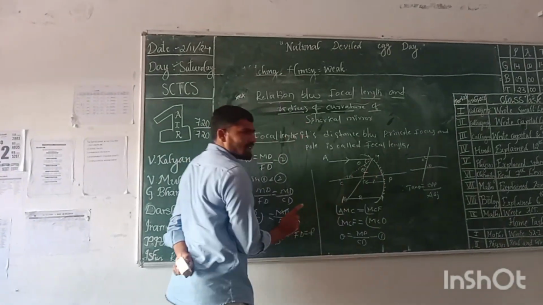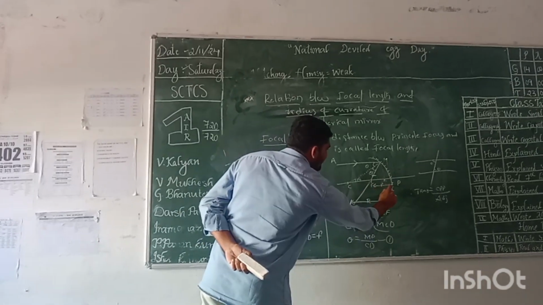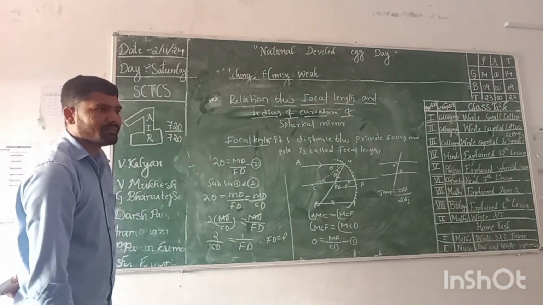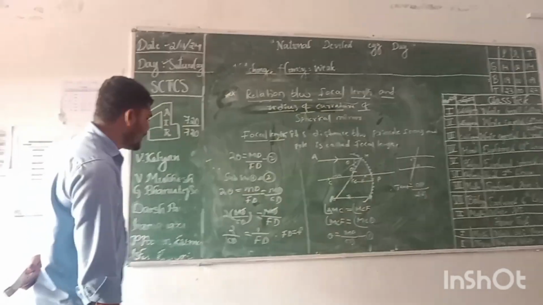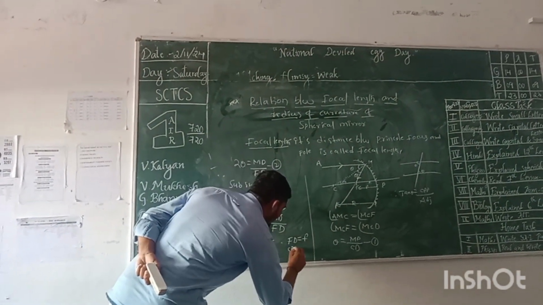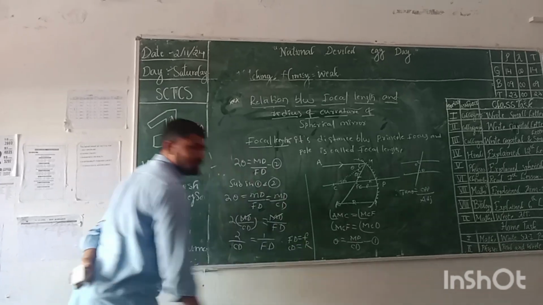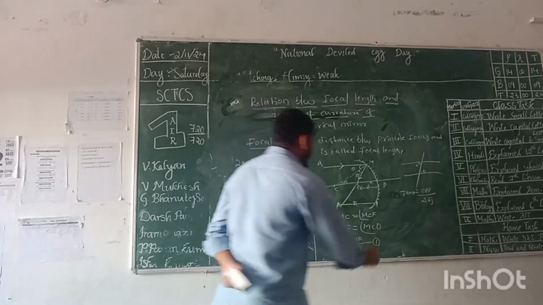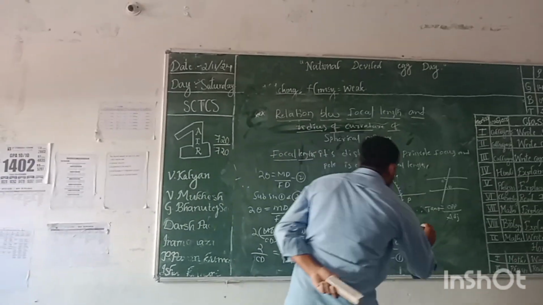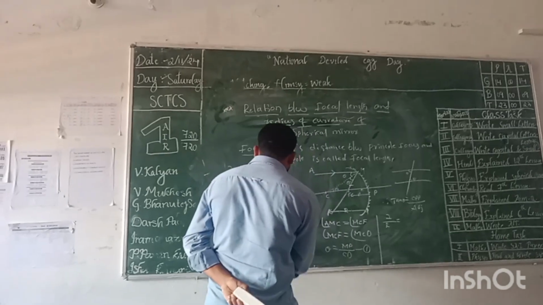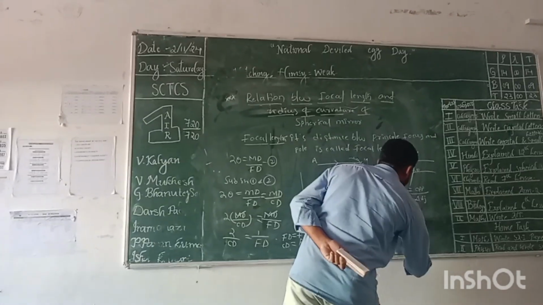So CD is equal to R, and FD is equal to F. Substituting these values, 2 by R is equal to 1 by F.